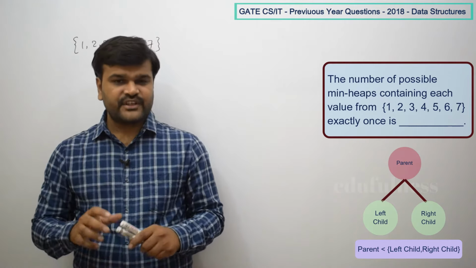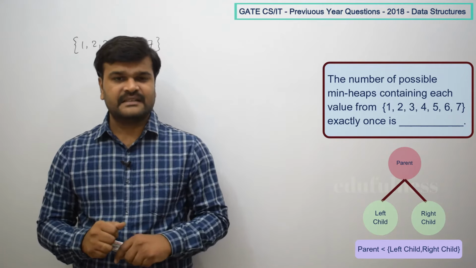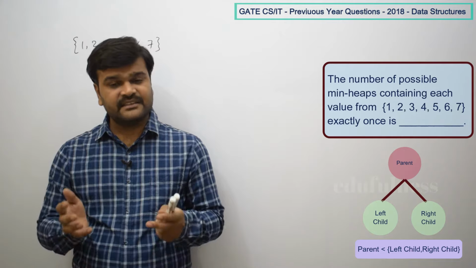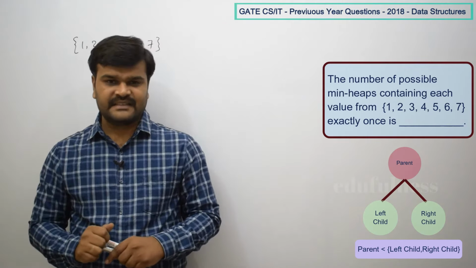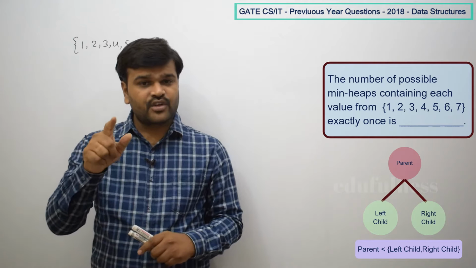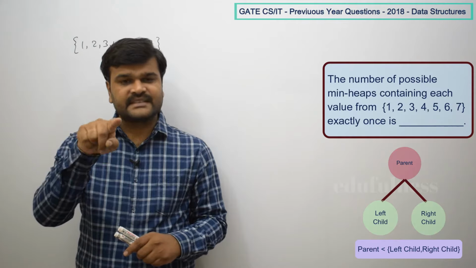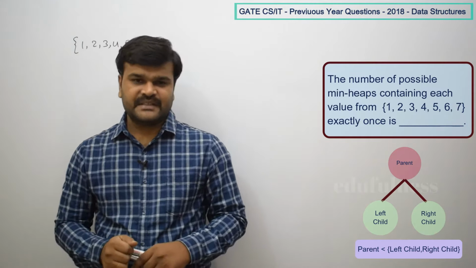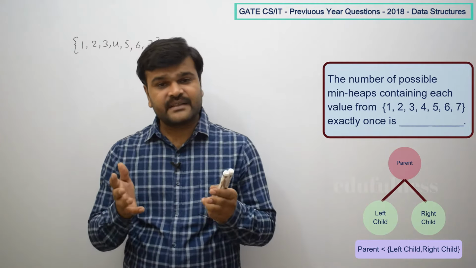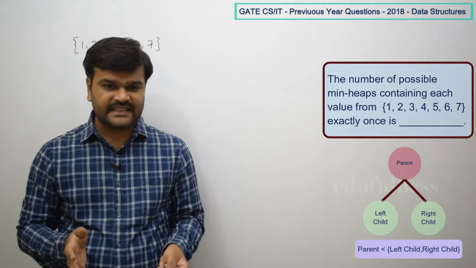So every node must be less than its children, if the children exist. Then always at the root node you will have the least element of the entire tree. That is what a min heap is. So how many different min heaps are possible from these elements? That is what he is asking.